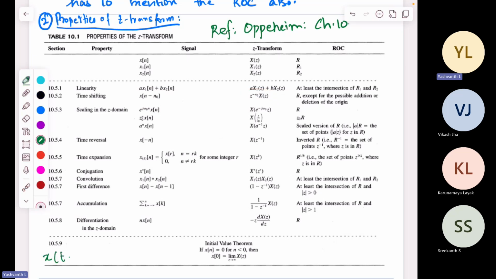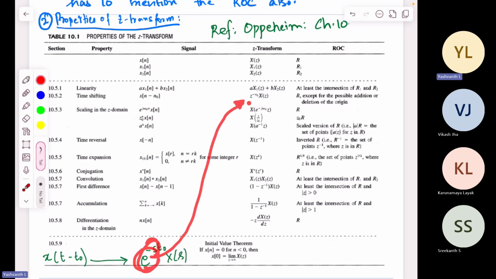We had x of t minus t naught becoming e power minus s t naught into x of s, right? It is very similar here also. Instead, e power minus s is now taking the value of the z variable itself, z power minus n naught. So e power minus s you replace by z, and t naught becomes n naught. That's the only difference, so it looks like a very similar expression. This is the time shifting property of the z transform.